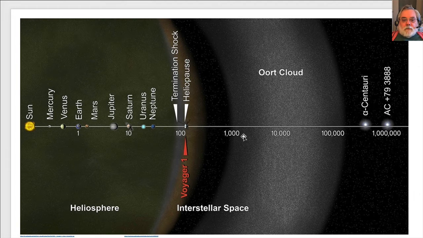And beyond the Kuiper belt, there's the Oort cloud. It extends from 2,000 to 200,000 astronomical units. And these Oort cloud objects have periods of 30,000 to 90 million years. And some of the comets that come close to the Sun are Oort cloud objects.